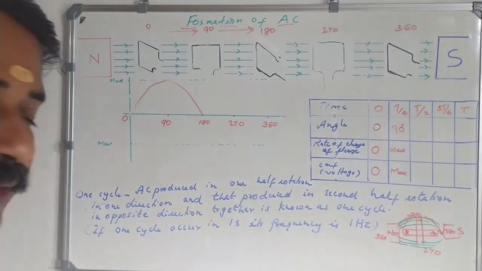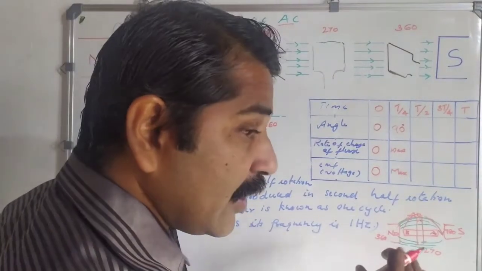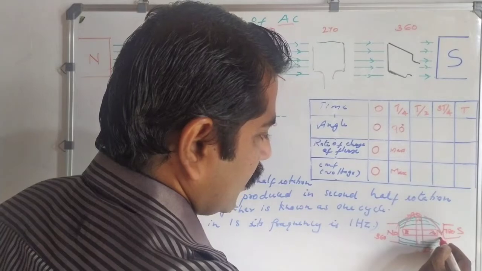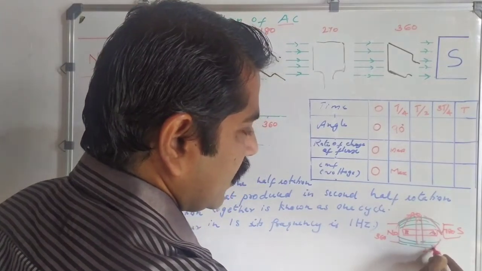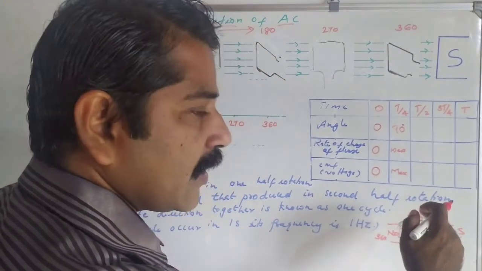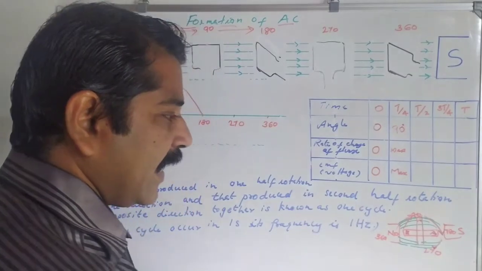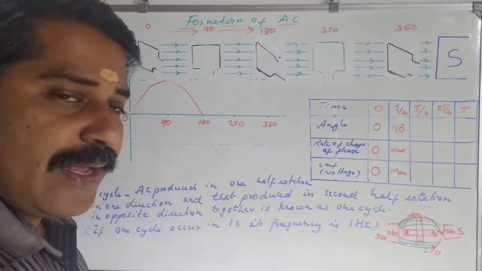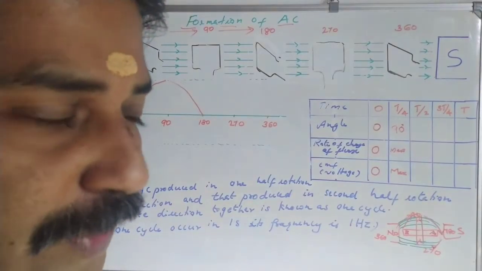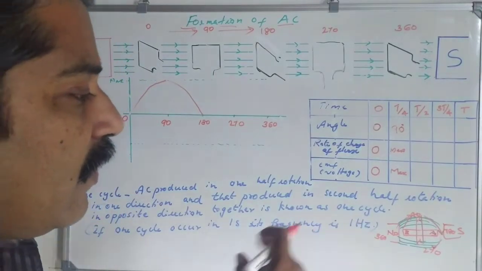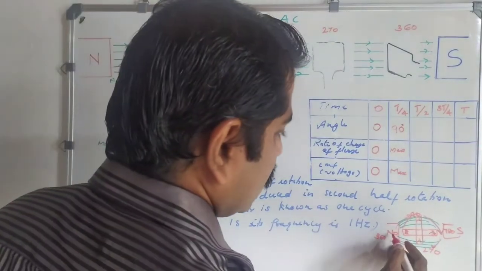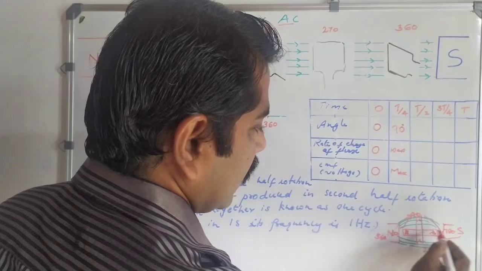Now the armature is again continuing its rotation from 180 to 270. When it moves from 180 to 270, the number of flux lines broken slowly increases, and at 270, when A reaches here, the maximum number of flux lines will be broken. But when you observe the armature, initially it was north and it was south.